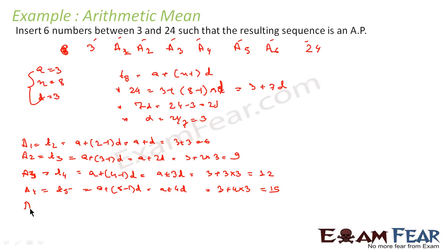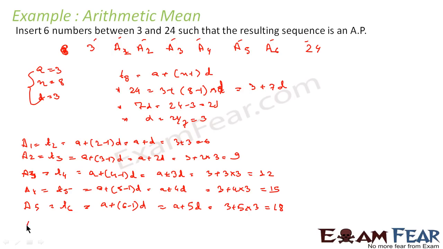Similarly, A5 is nothing but the sixth term, and that is a plus 6 minus 1 into d, that is a plus 5d, and this is 3 plus 5 into 3, that is 18.